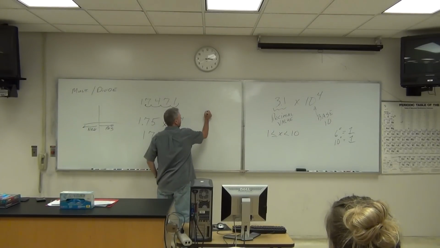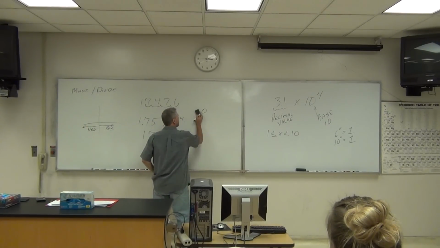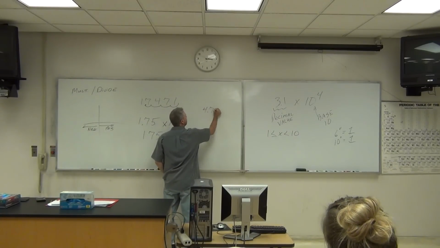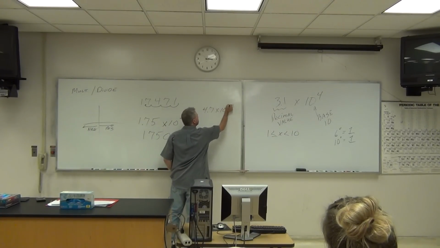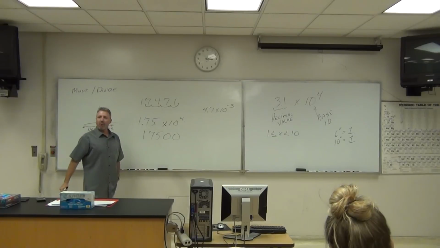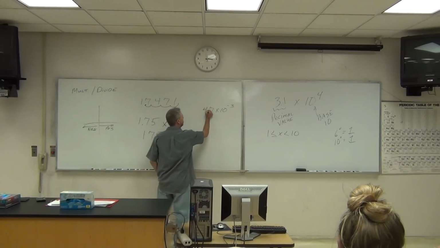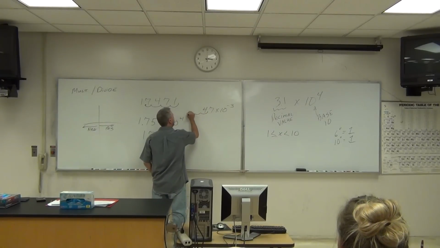Same thing with a negative. Okay? We think of our number line, we want to convert to a decimal, we're going in the negative direction. 1, 2, 3.